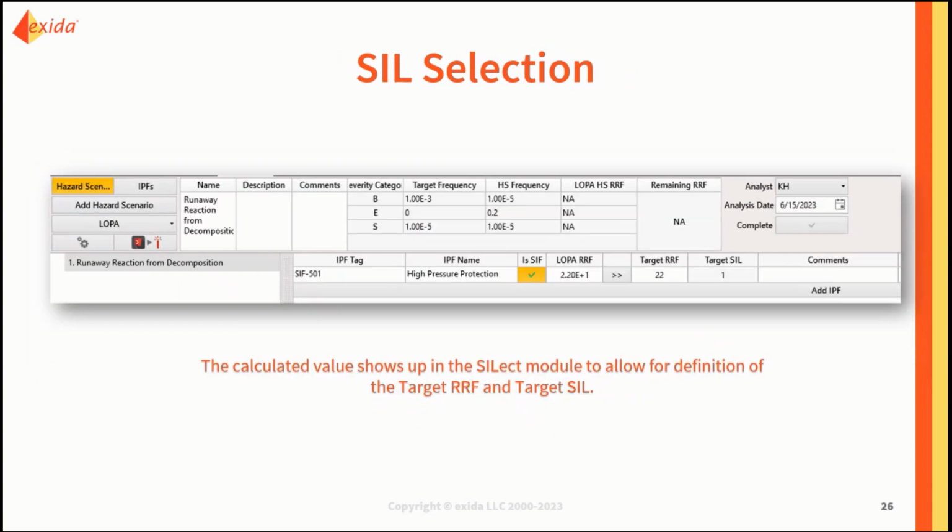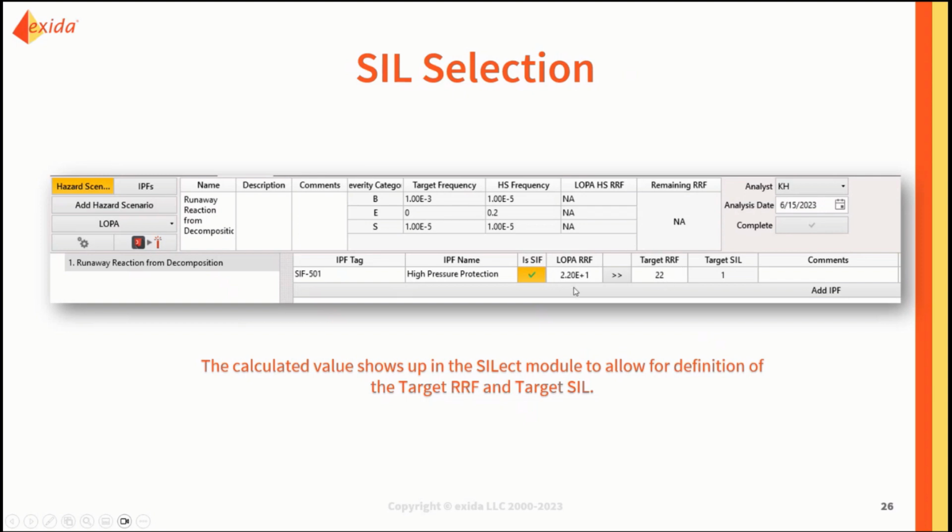You move over to SIL selection, you will already see that calculated LOPA RRF. If you choose not to calculate it within the LOPA, you're going to see a remaining RRF here for the hazard scenario. But if you do choose to calculate it in the LOPA, you'll see that LOPA RRF per SIF, and you can use that to determine the target frequency.